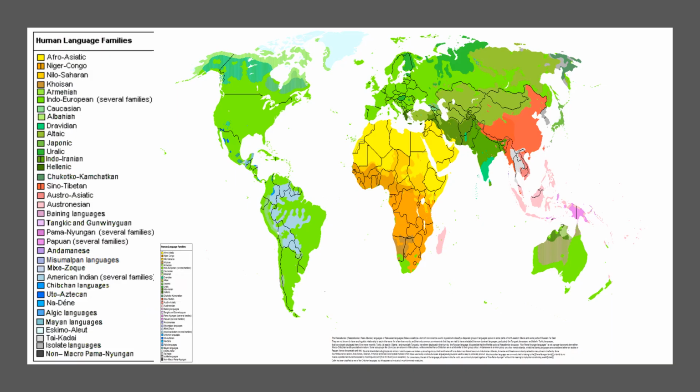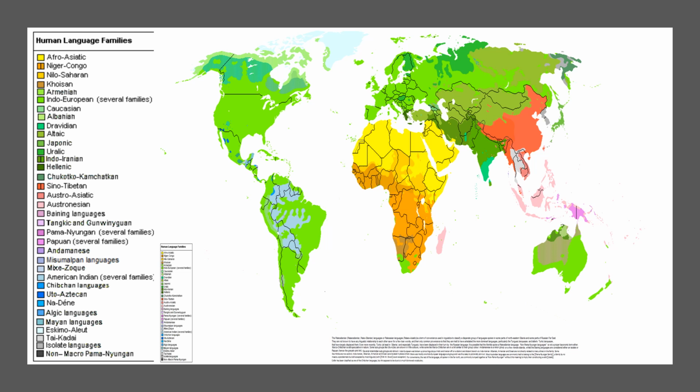So this is a map that we can see the human language families, and I do want to point out some of the notable ones here. The light green one that covers most of the American continent, most of Europe, that is Indo-European, but also this dark green right in here, Indo-Iranian, is also part of the Indo-European language family.